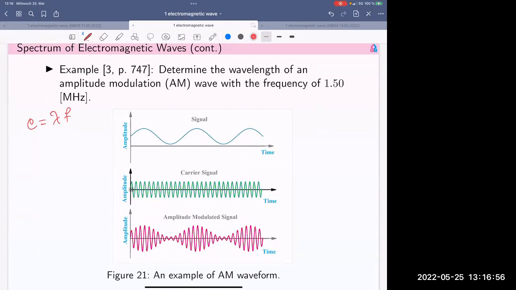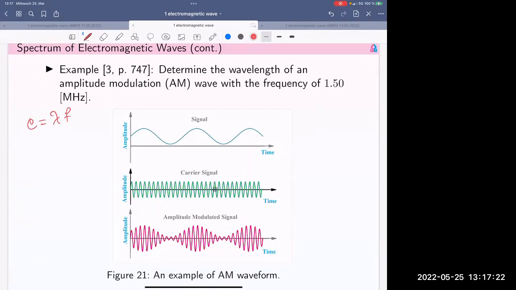The important thing for us is that the carrier signal is a special value for each radio station. Each radio station cannot use the same frequency, otherwise you will get the wrong information from different stations, and there will be interference among several radio stations.